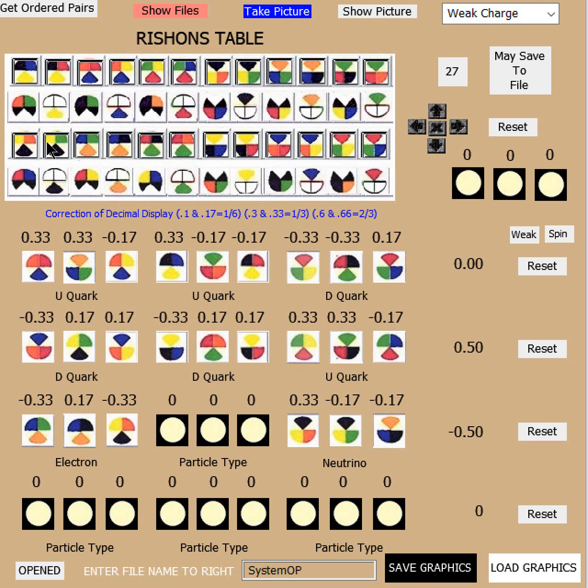And all of the little boxes are depressed to show that we have used all of those generic Rishon elements to compose what we have here, generic quarks and leptons.